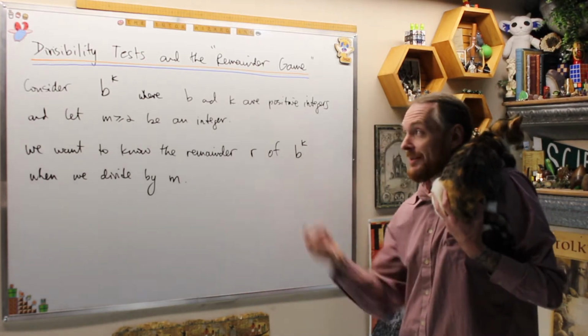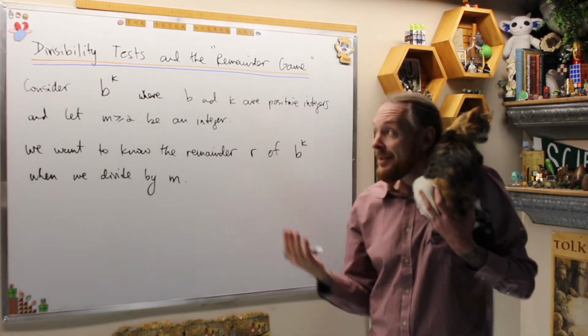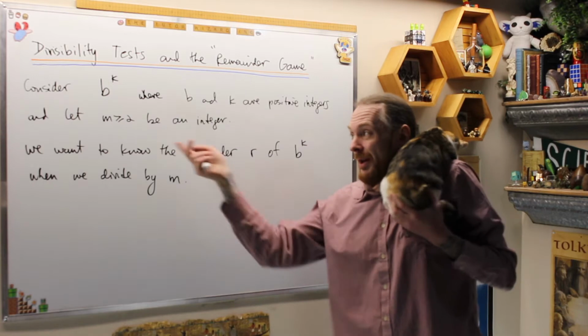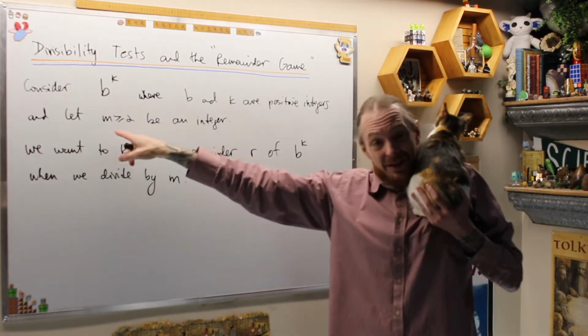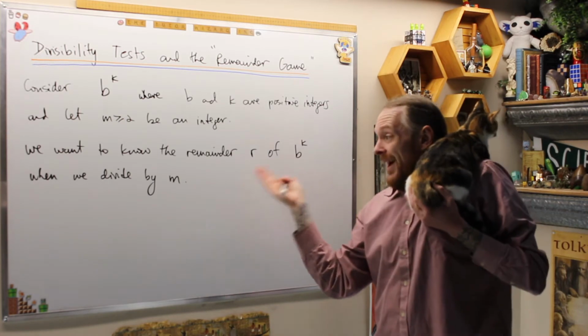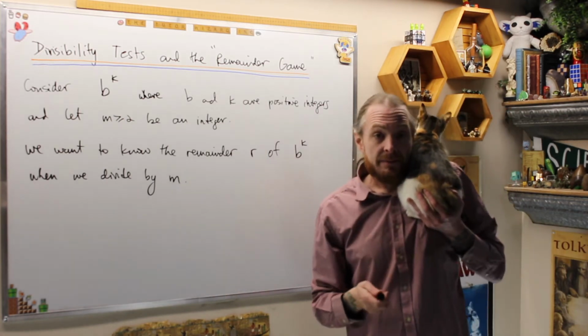First, we're just going to look at an integer b to the k, so b is some base, and then we're going to have some exponent k. They're both positive integers, and what we want to know is when we take another integer m, which is larger than or equal to 2, when we divide b to the k by m, what's the remainder that we get?